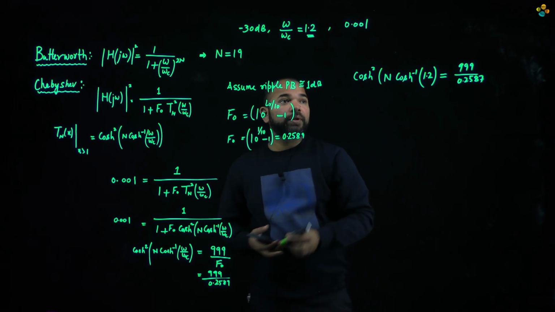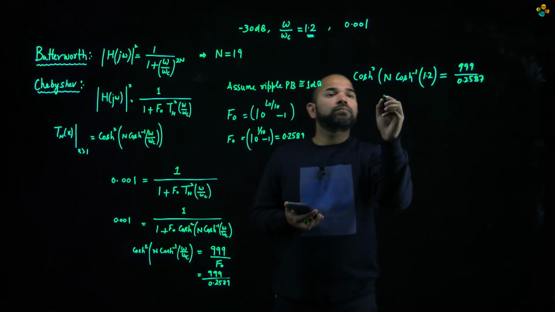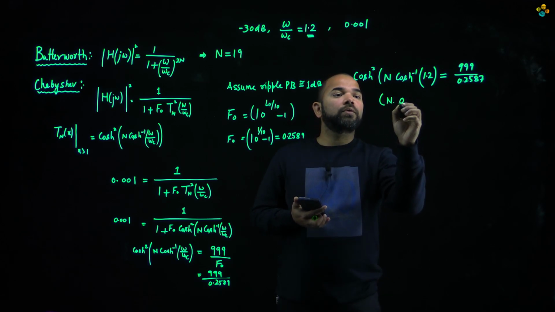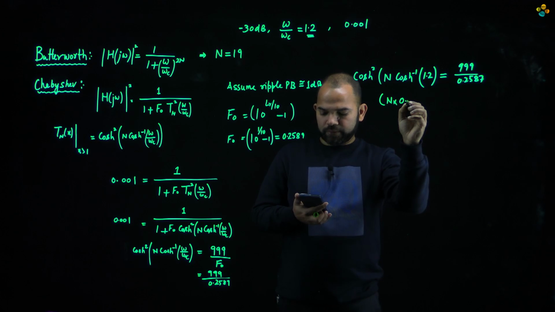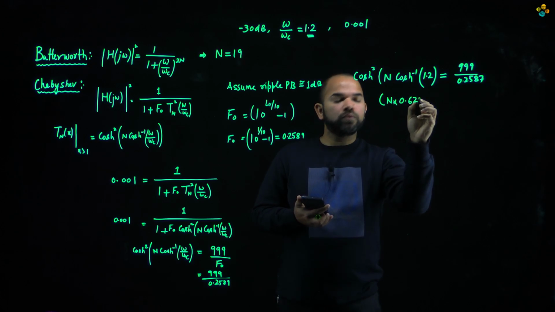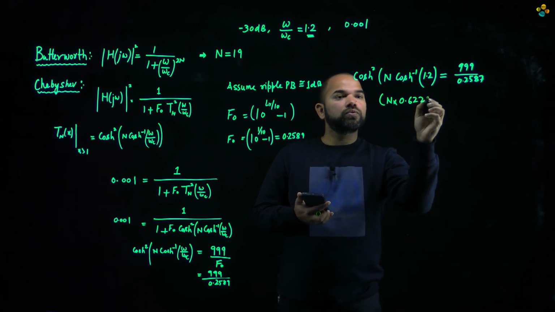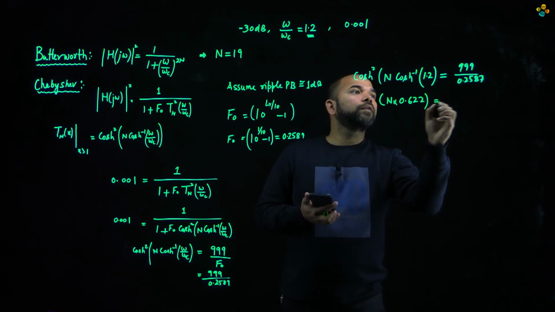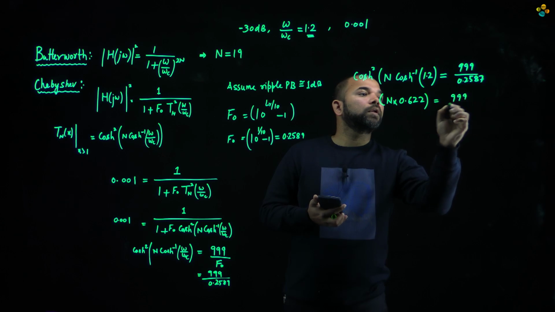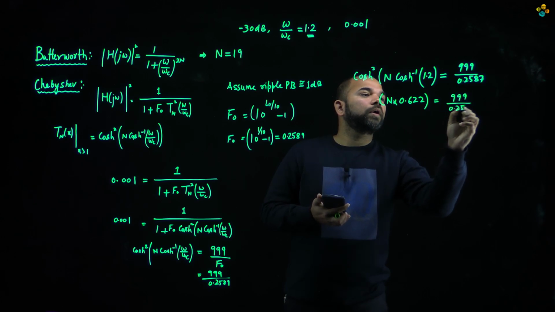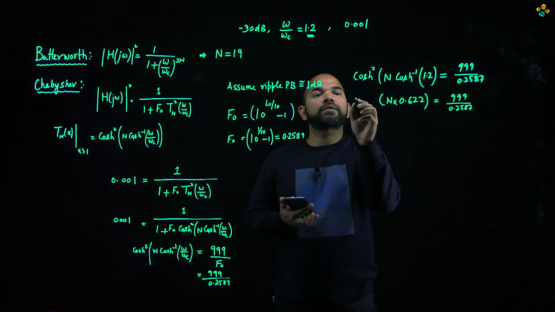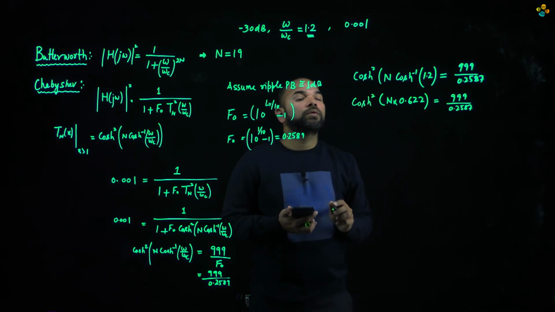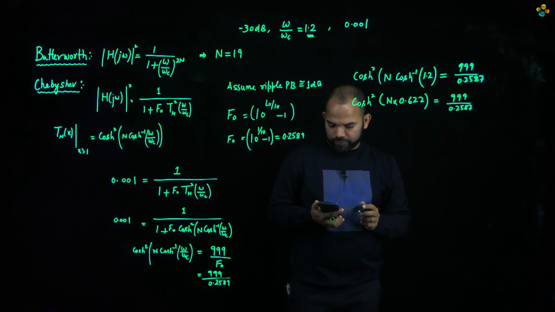This comes out to be 0.622, and this is equal to 999 divided by 0.2589, and this has an argument of cosine hyperbolic, square root.